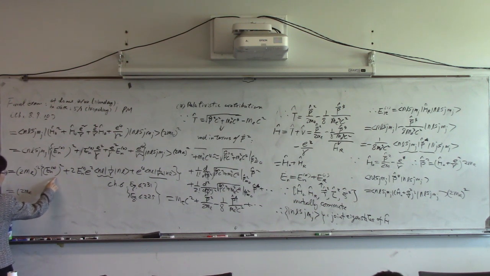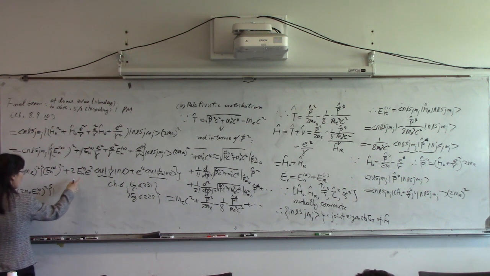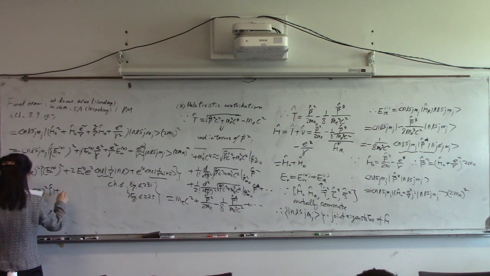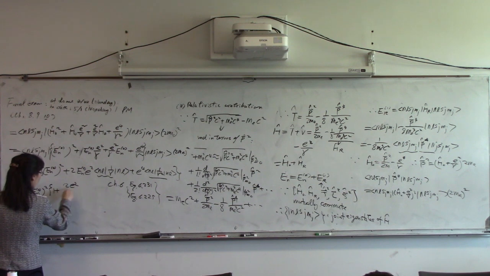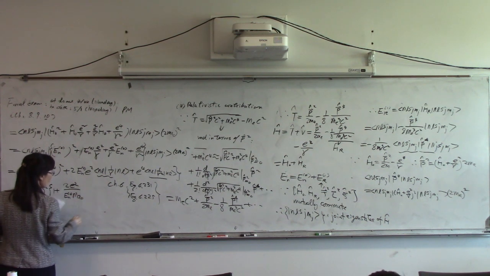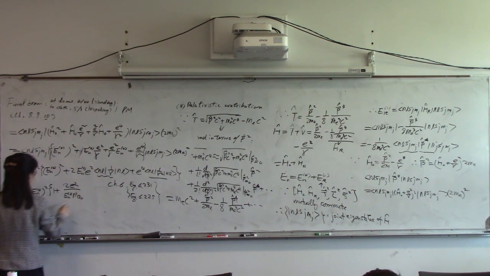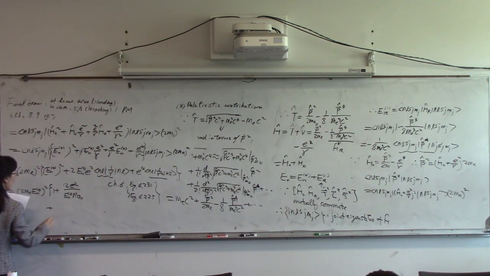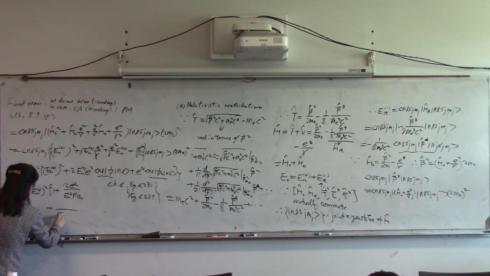Now I'm going to take this E naught squared outside. This is a 1, right? And this one is also 1, so we have to divide it by 2 E squared over. And here, this one is N squared, the last one. Then I have no E squared here, so the denominator is E N naught squared.